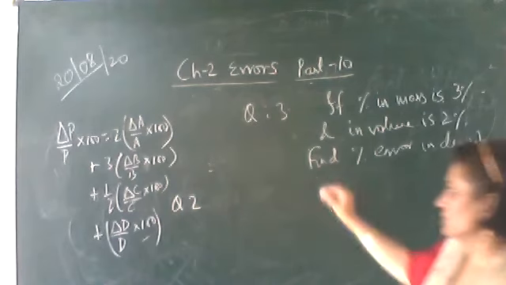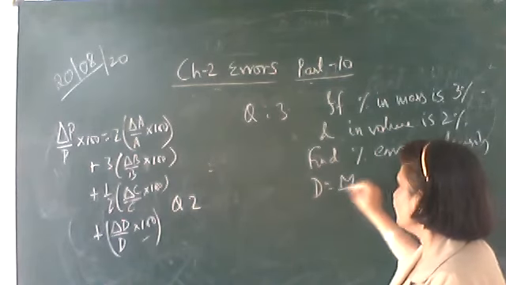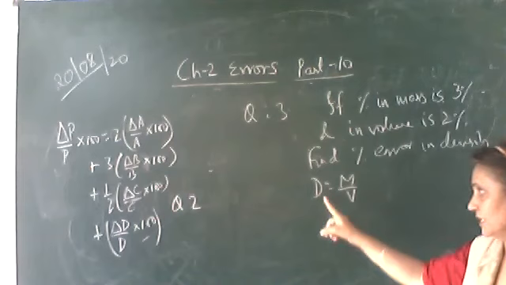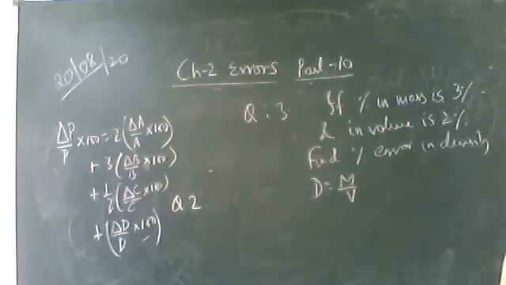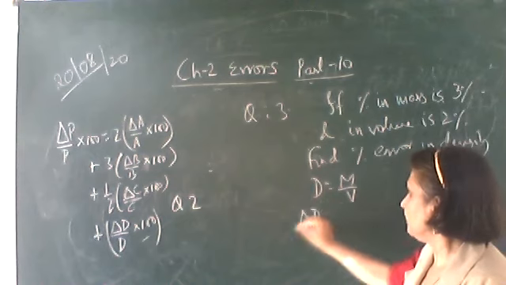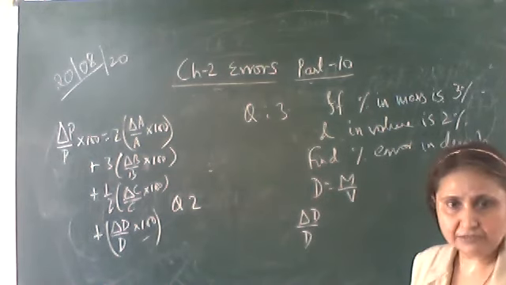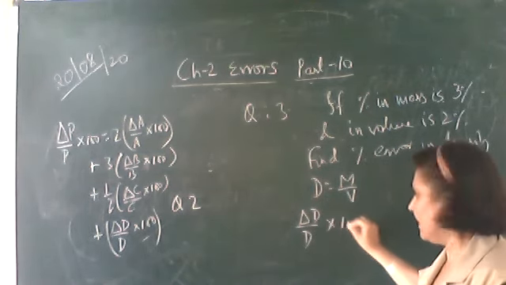I think everyone knows the formula. Density is equal to mass upon volume. Percentage error in density means delta D upon D into 100. Mass divided by volume, so the relative errors will be added. Let us multiply it by 100.